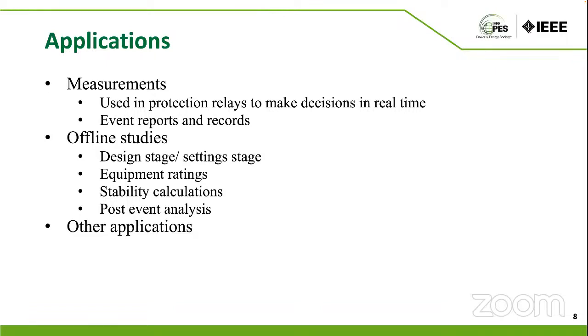They are also used to save event reports and records. They are also used in offline studies, like if you are at the design stage or at the planning and setting stage, so they are always useful. They are also useful to determine your equipment ratings, stability calculations, and most importantly, post-event analysis.